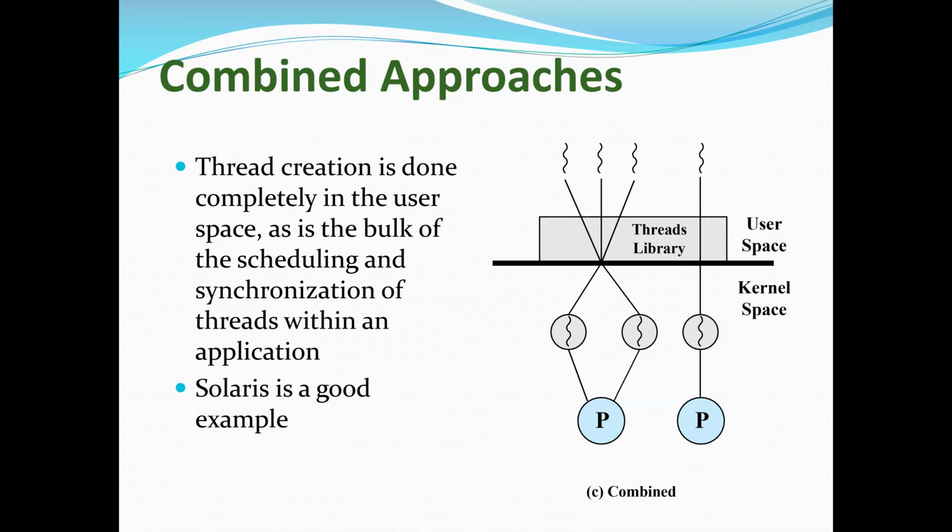In the combined approach, multiple threads within the same application can run in parallel on multiple processors, and a blocking system call need not block the entire process. If properly designed, this approach should combine the advantages of the pure user level thread and kernel level thread approaches while minimizing the disadvantages.